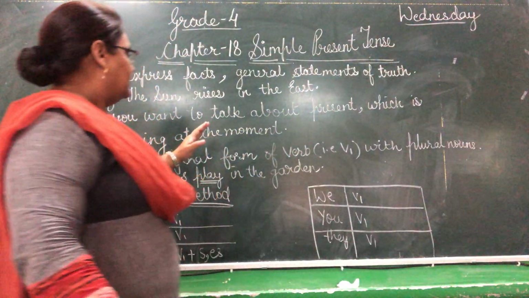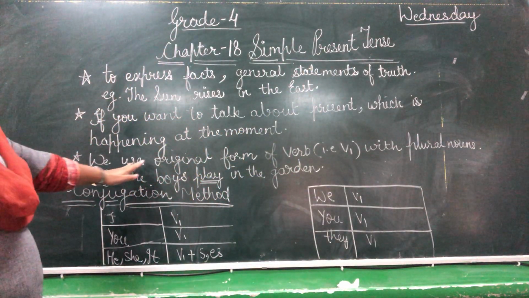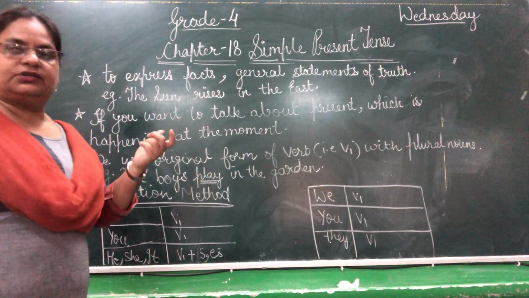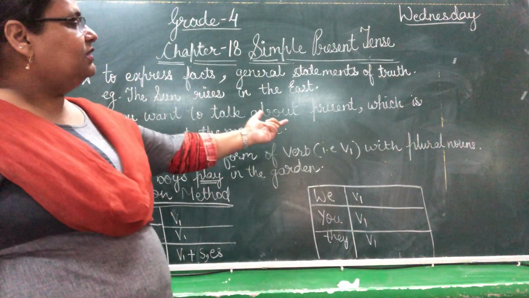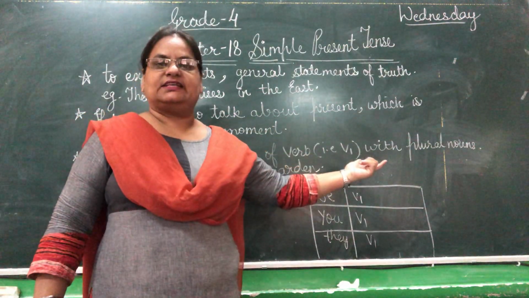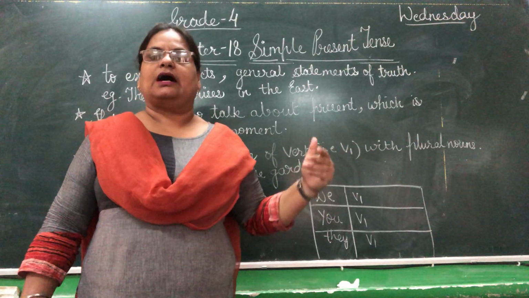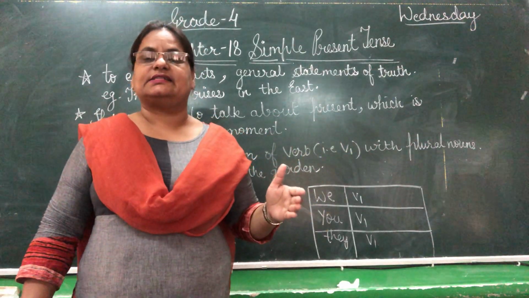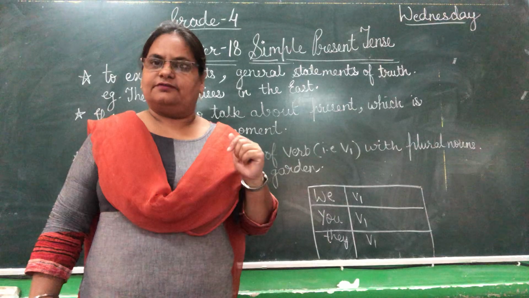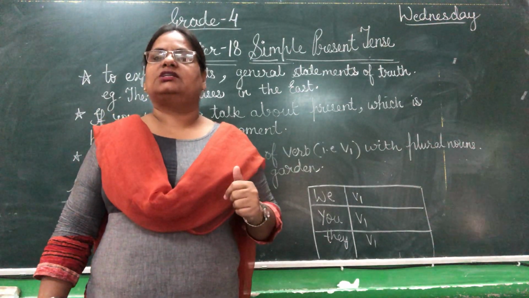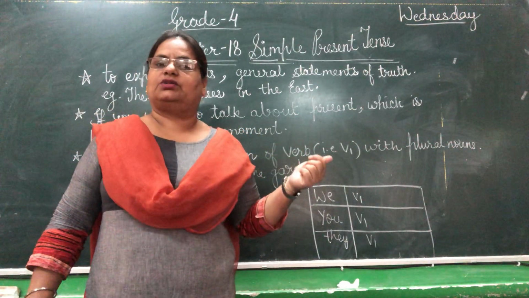Fine. So children, like ma'am told you earlier, when the noun is plural in the sentence, then we use the verb's first form and we will not add S or ES to the verb.